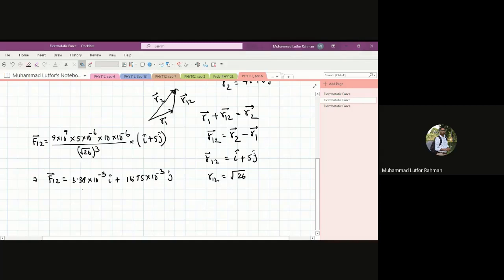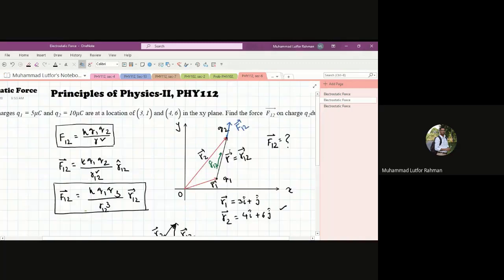That should be the force on Q2 provided by Q1. This is the force I found in terms of this Cartesian coordinate system.